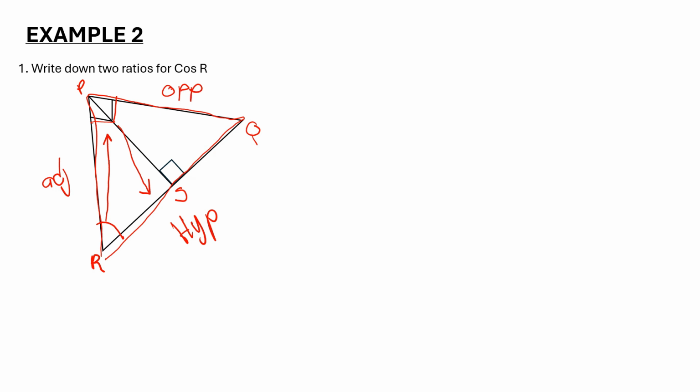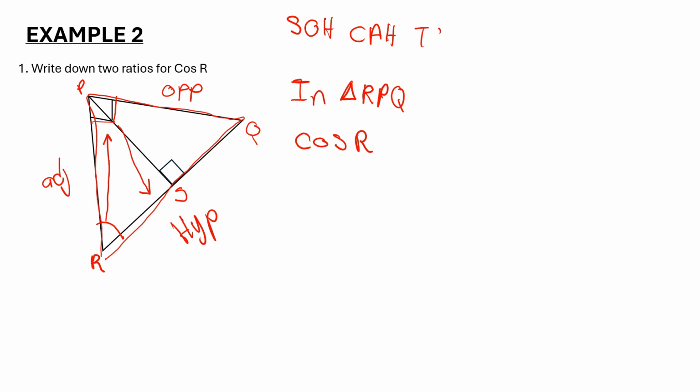So for accuracy, let's mention which triangle we're using. Let's say in triangle RPQ. What's happening in triangle RPQ? The cos of R, we know through our definition, through SOHCAHTOA, will be adjacent over hypotenuse.